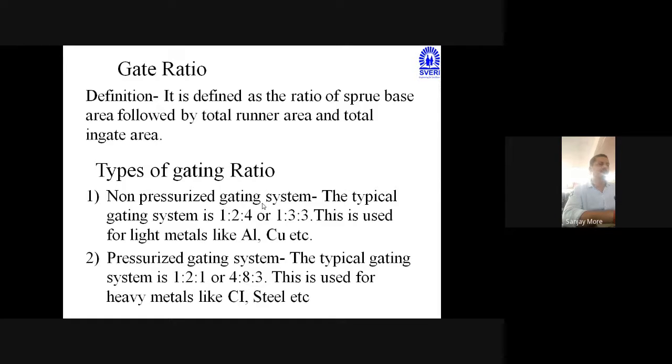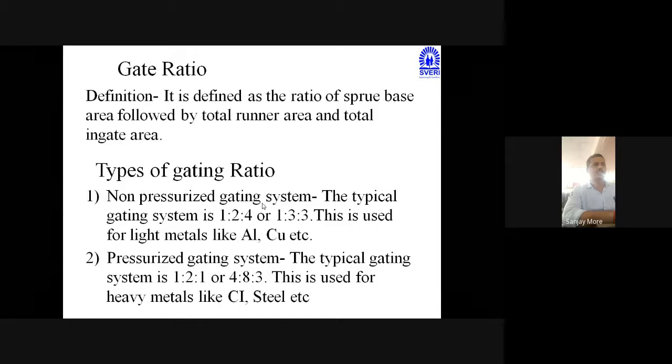Where the gating system is complicated and the number of gates is minimum, pressurized gating systems are used. Understand?